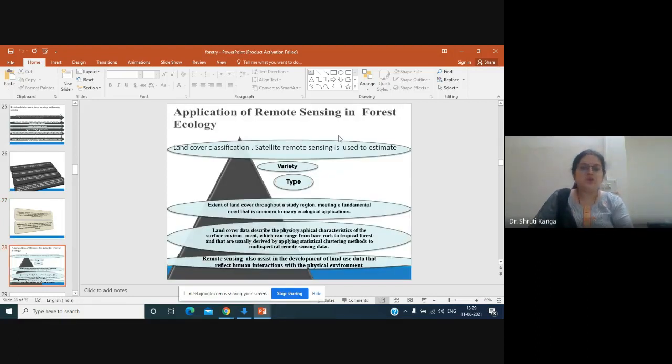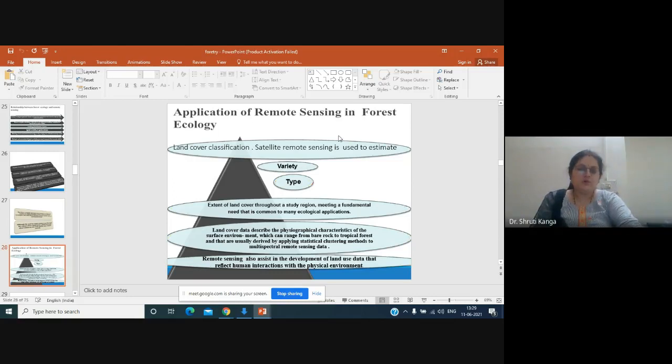Then the application of remote sensing and GIS in forest ecology. As far as remote sensing application in forest ecology is concerned, land cover classification can be very easily performed with the use of satellite remote sensing.